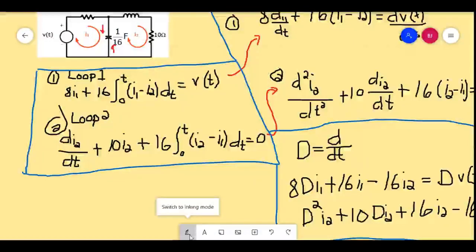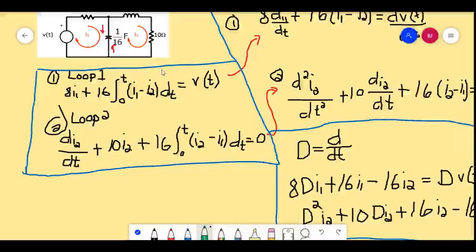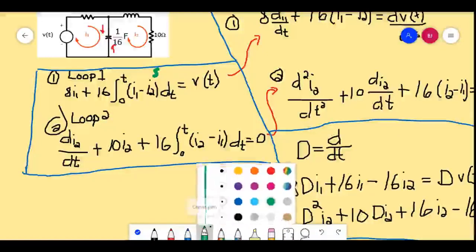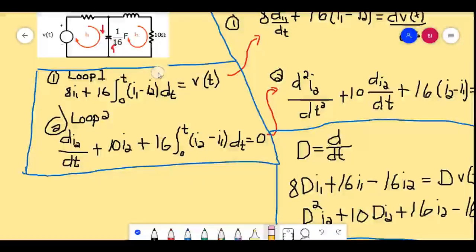So let me just put the phrases here. So this is step 1. Oh, it's too tight. Oops. Yep. So this would be our step 1.